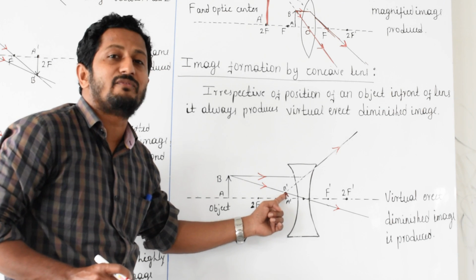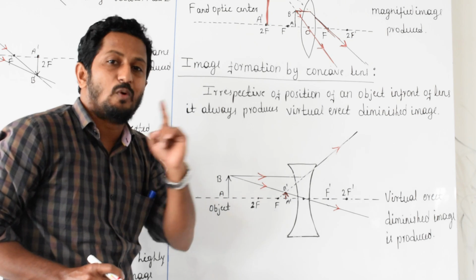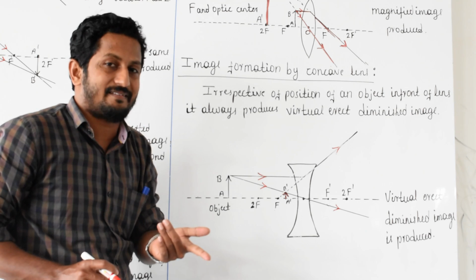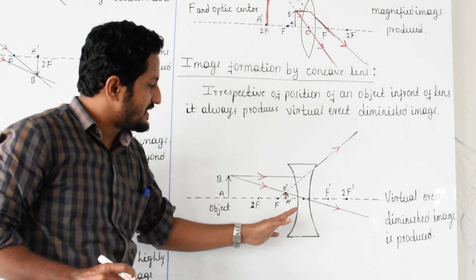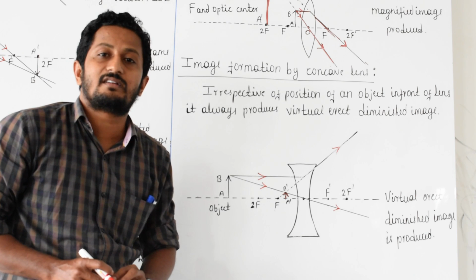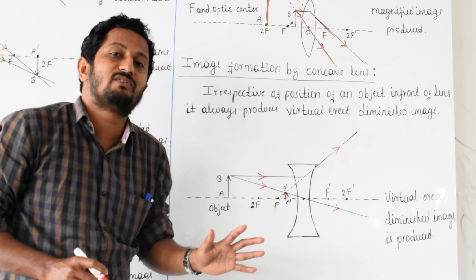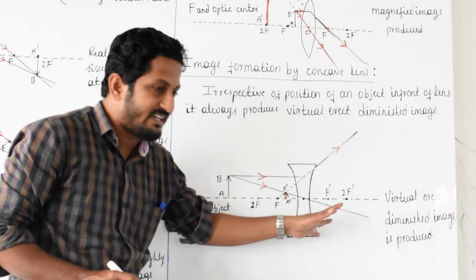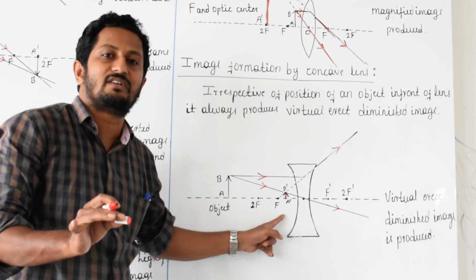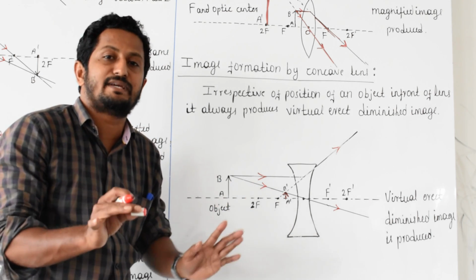I mean by that we can say that the image is held vertically upward. Vertically upward means erect. So now see here which kind of image we got. Here we got a virtual image. Why virtual? We feel the image is here. We only feel it. As we go there we will not find any image.